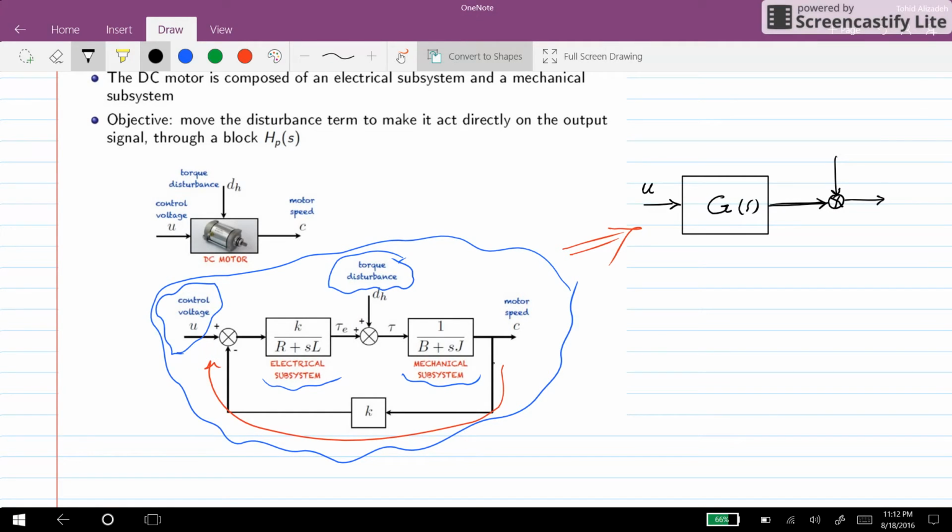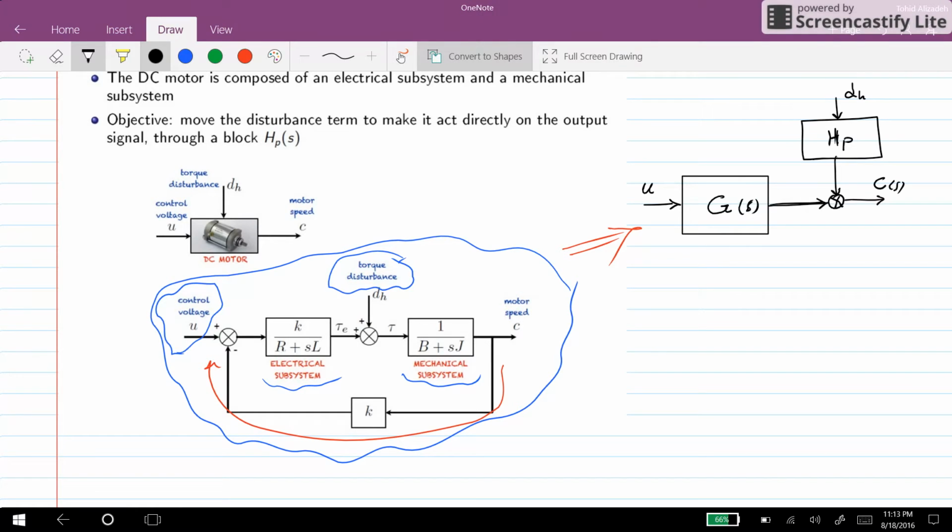So here we will have C, which is our speed, and here we will have the disturbance dH, where I call this transfer function HP.